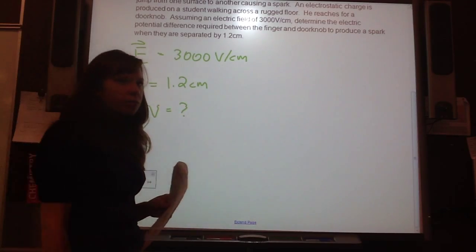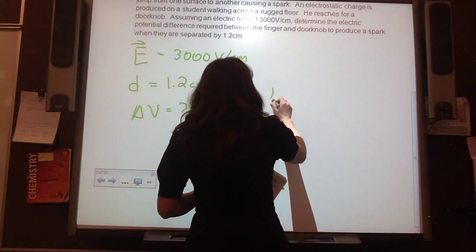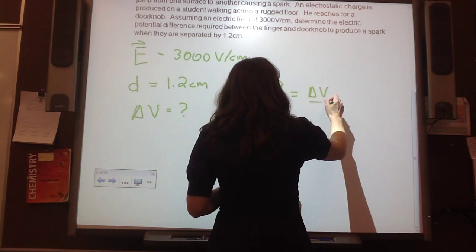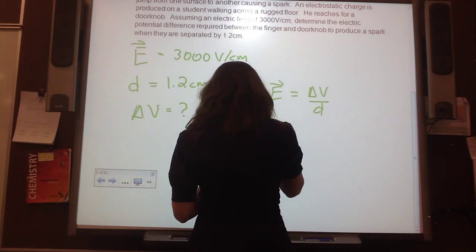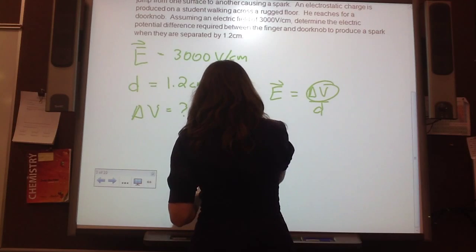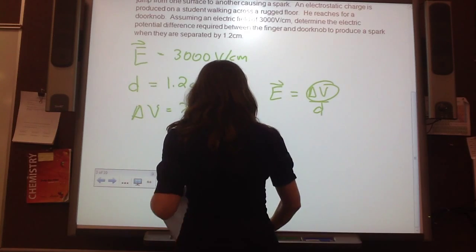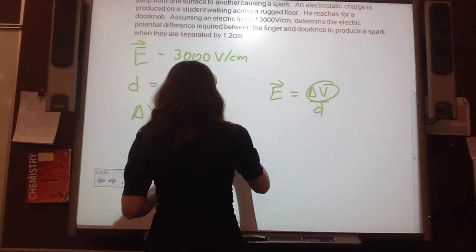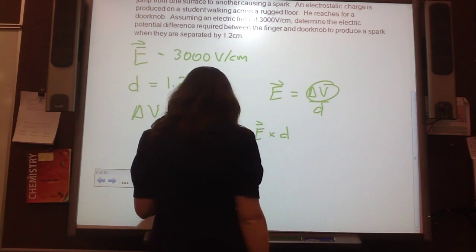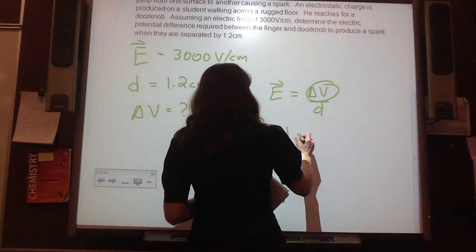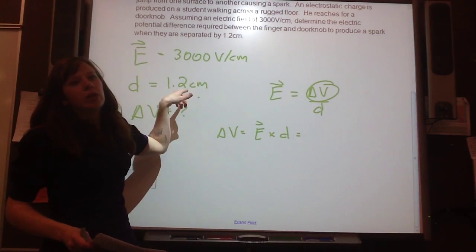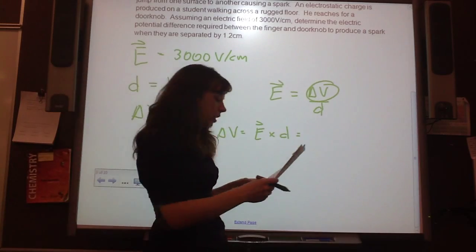So nothing too complex here, just an example of how to use this basic formula. If we're solving for delta V, then delta V is equal to E times D. We can leave it as centimeters because then we can just cancel centimeters out since they're both the same.